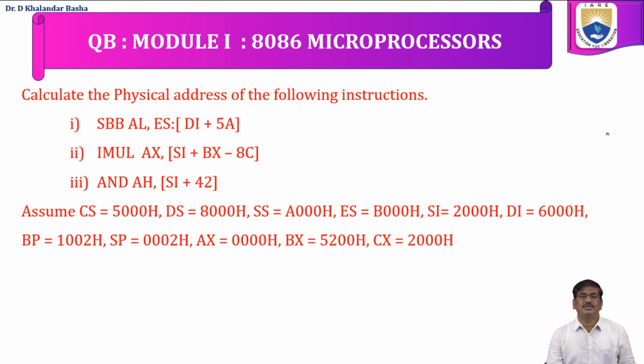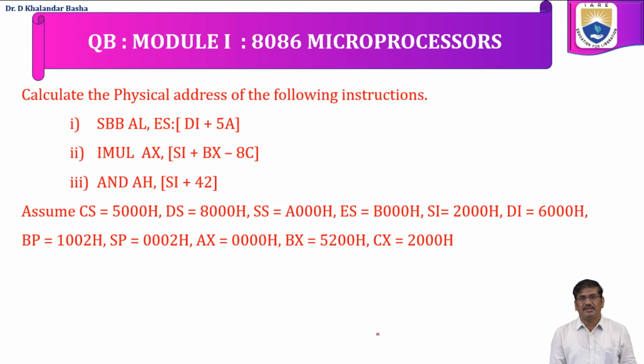The given values are: code segment register 5000H, data segment register 8000H, stack segment A000H, extra segment B000H, source index register 2000H, destination index register 6000H, base pointer 1002H, stack pointer 0002H, AH is 000H, BH is 5200H, CX is 2000H.